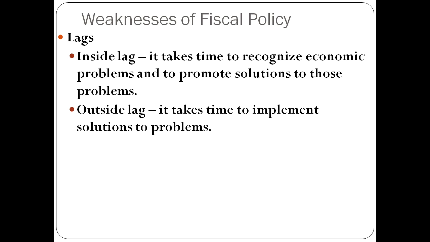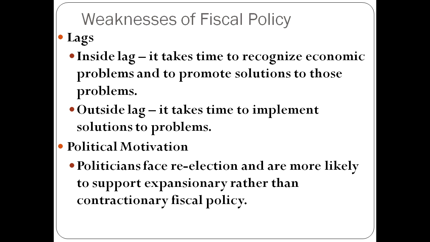Now, another thing to keep in mind with fiscal policy is political motivation. So politicians face re-election, thus they are more likely to support an expansionary policy rather than a contractionary policy. Okay, remember that politicians are elected by their constituents, the people that they represent. And oftentimes, these constituents want more government spending.